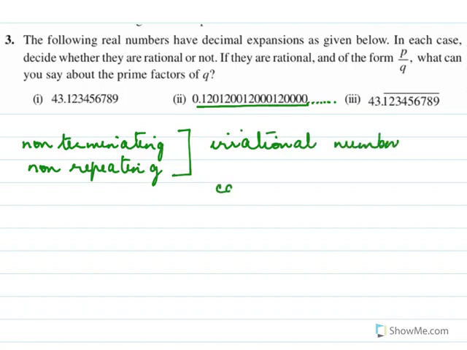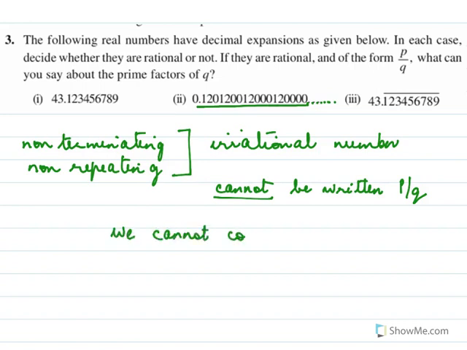If it is irrational, it cannot be written as P over Q. So we cannot comment on its denominator here.